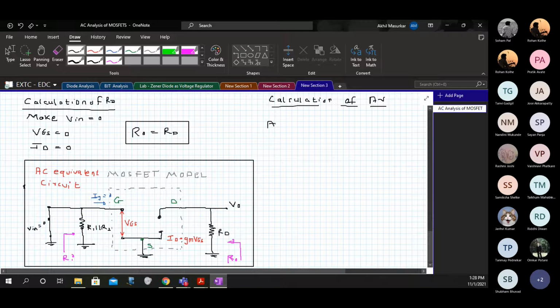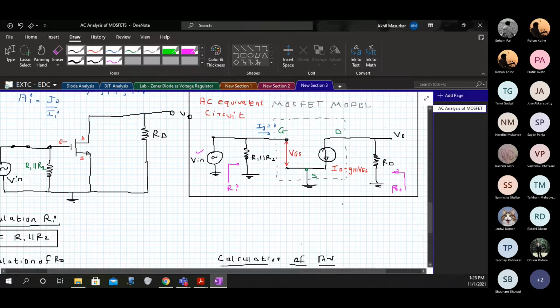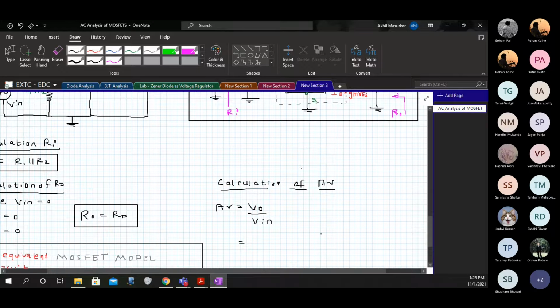So AV is simple. By definition, V naught upon V in, output voltage upon input voltage. Now what is output voltage? If you look here carefully, output voltage will be the voltage across RD and current is flowing like this. So the current is coming out of ground. So V naught will be minus GM into VGS into RD, and V in is equal to VGS.